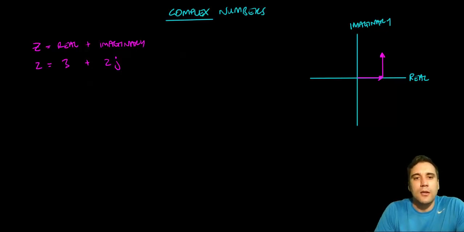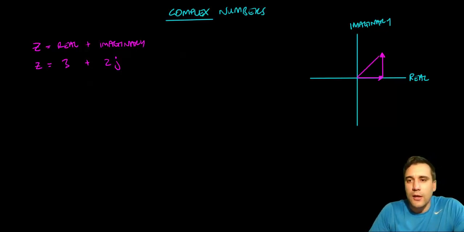And indeed, in things like electrical theory, we will use complex numbers to represent things like impedance or currents, and that's because there would be things like phase angle. And you still get this resultant here.